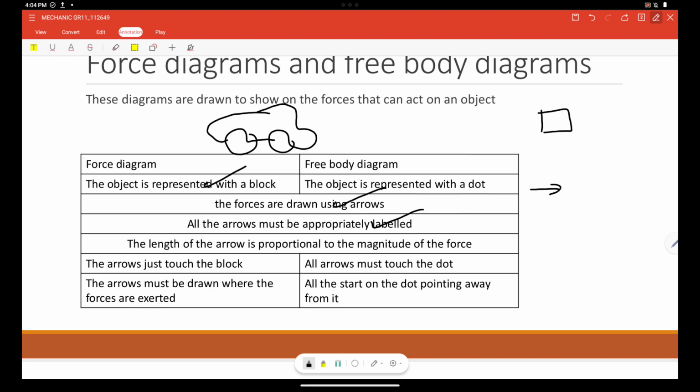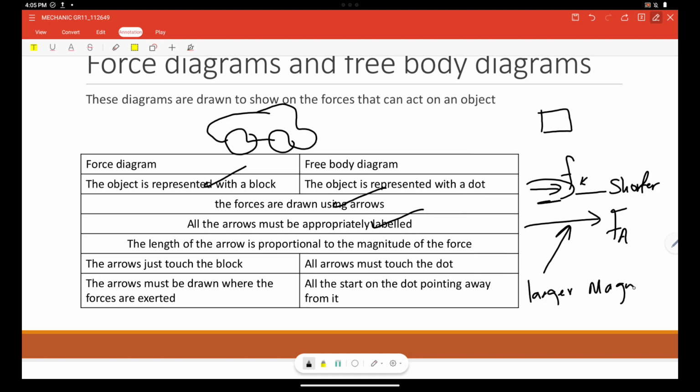If I draw this force as, for example, the kinetic frictional force, and then draw this as the applied force, from the length of the arrow I can tell that this arrow is shorter, meaning the magnitude of the force will be small. This one, because it's longer, is going to have a larger magnitude as compared to the kinetic frictional force.